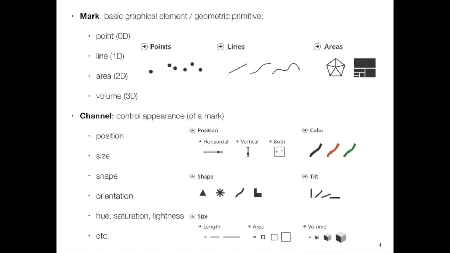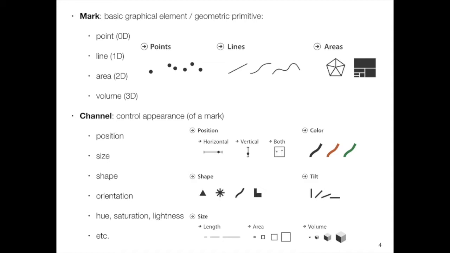The shape is also a thing that we can distinguish. The orientation, and here in the example I have the tilt of this line, or the color. And color can be broken down into 3 different aspects, which are the hue, saturation, and the lightness.